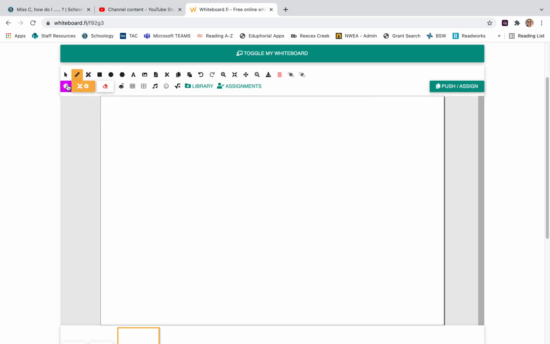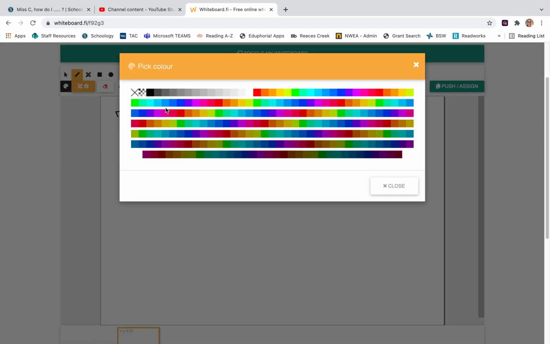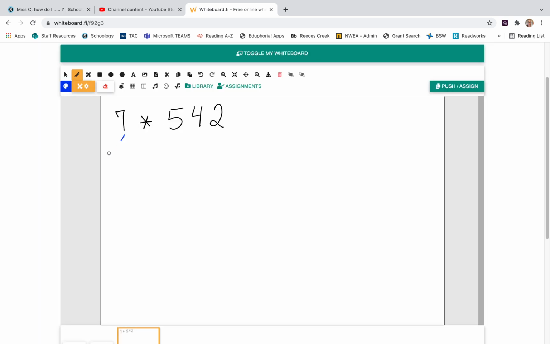Now this works for multiple digits, like any number of digits that you might have. So we're going to erase and come back and try it with a 1 digit times a 3 digit. So let's say we're doing 7 times 542. So expanded form is the first thing we're going to do. 7 is just the number 7. 542 is 500 plus 40 plus 2.